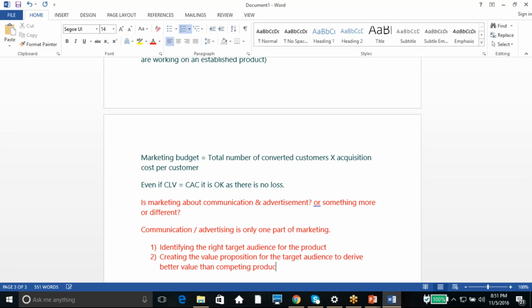Competing products. Third is reaching out, which is communication oblique advertising. Reaching out, which is awareness and education.